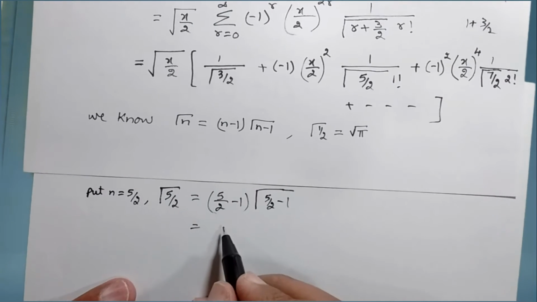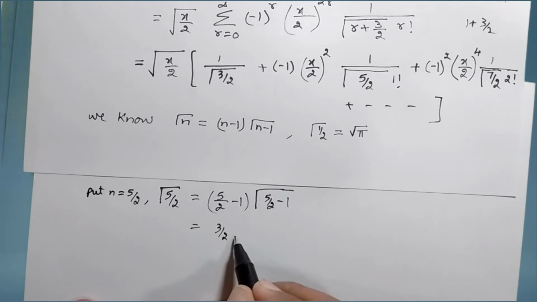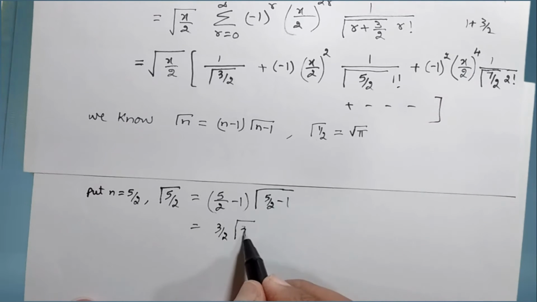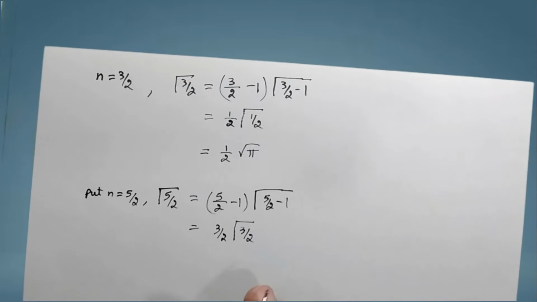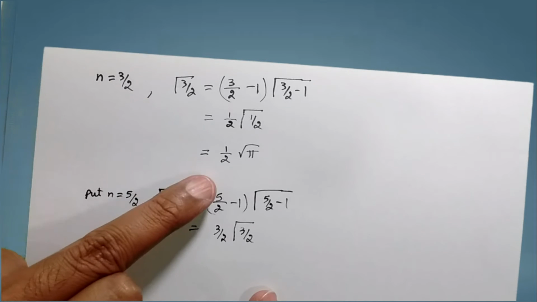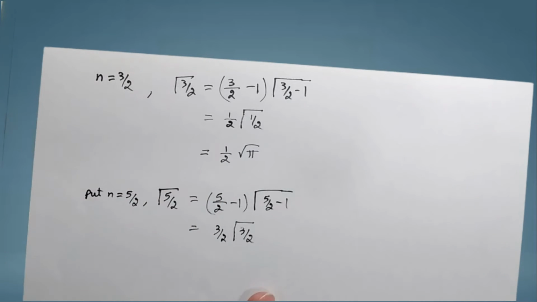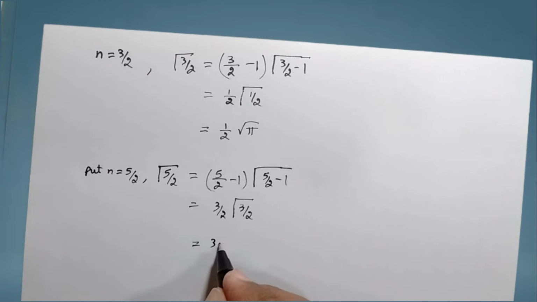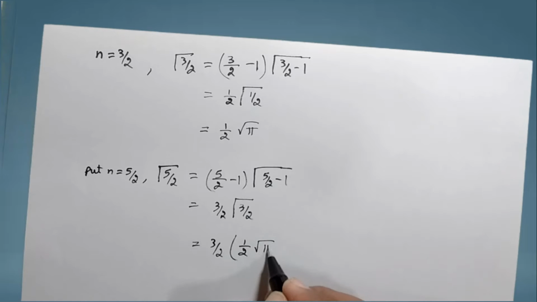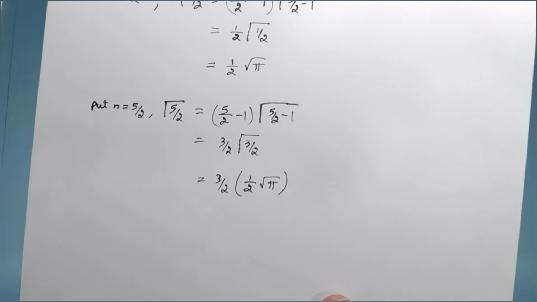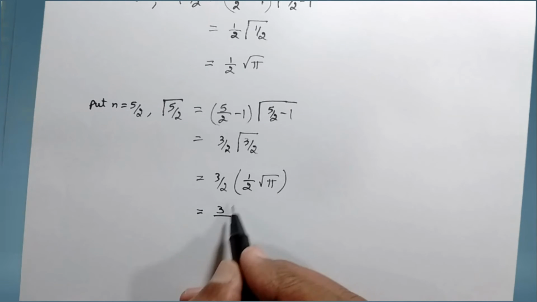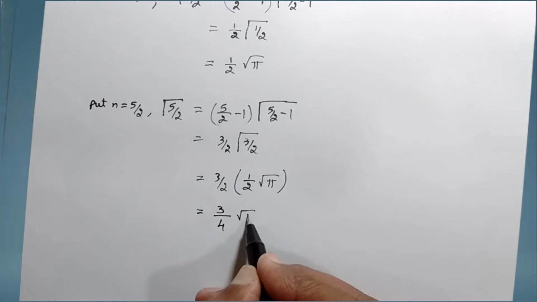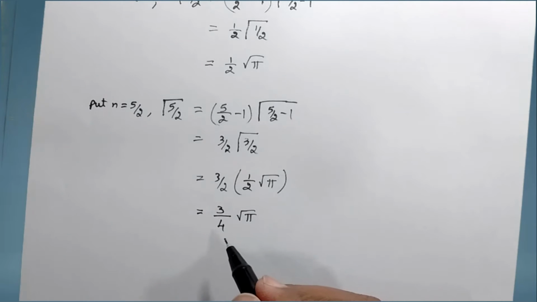So 5 by 2 minus 1 will become 3 by 2 into gamma of 3 by 2. But we have already calculated gamma of 3 by 2, which is 1 by 2 into square root of pi. So this 3 by 2 as it is into 1 by 2 into square root of pi. Further simplifying, 3 divided by 2 times 2 will be 4, into square root of pi. So you got gamma of 5 by 2.